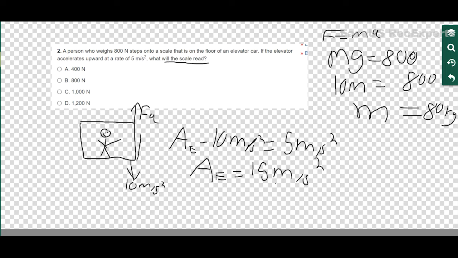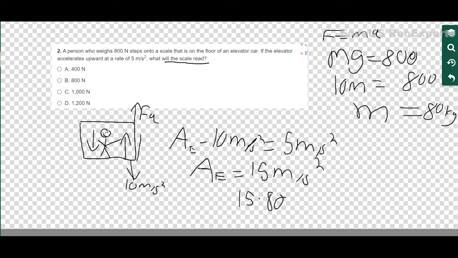So from there we can use mass times acceleration, your acceleration being 15 and your mass being what we solved here as 80, because you're trying to find that. Now the person's inertia, Newton's first law, means he wants to stay still.